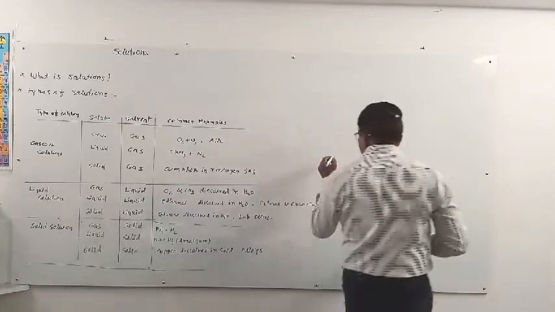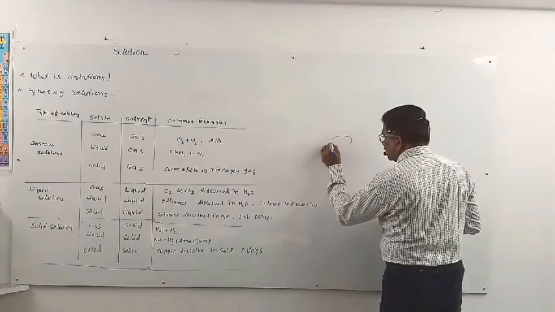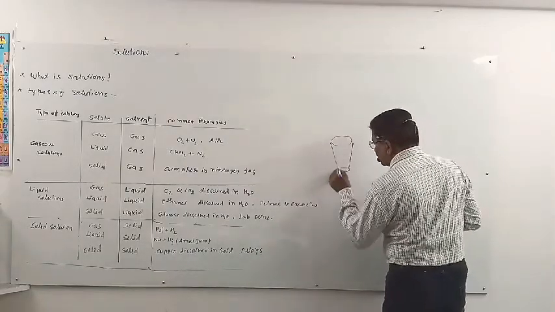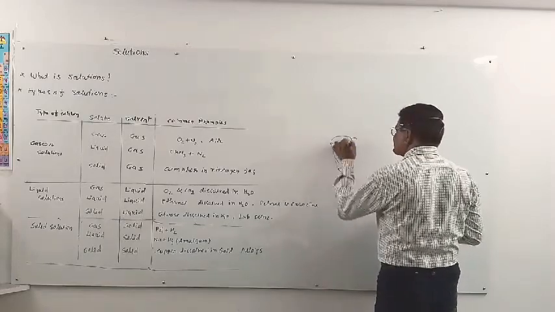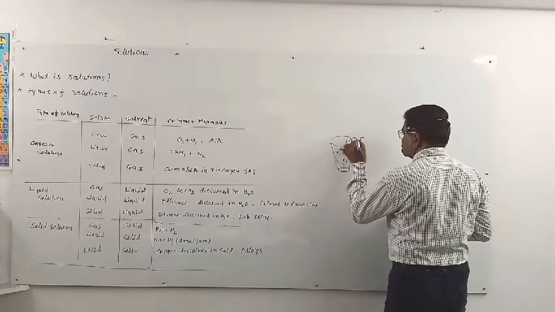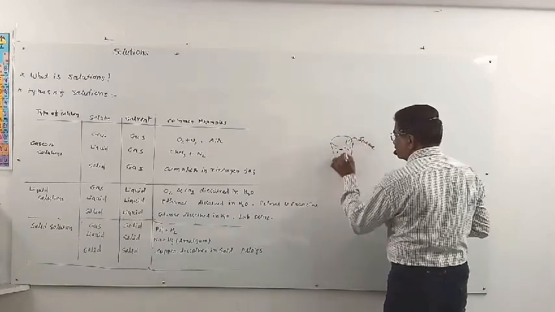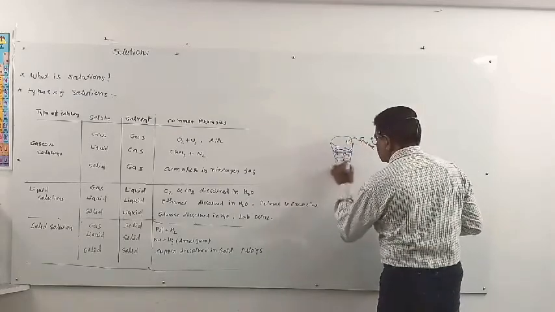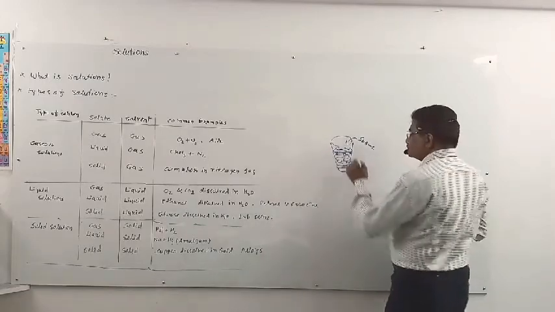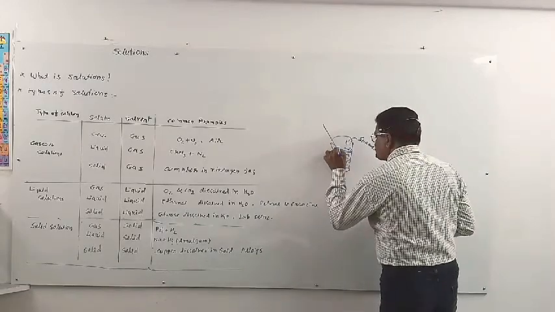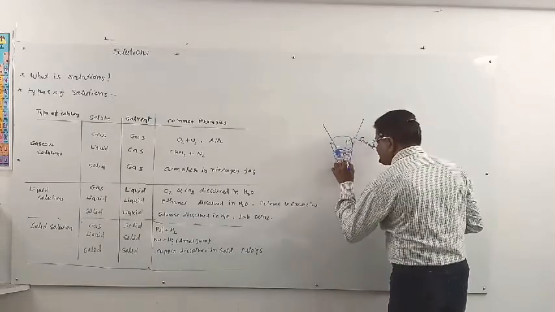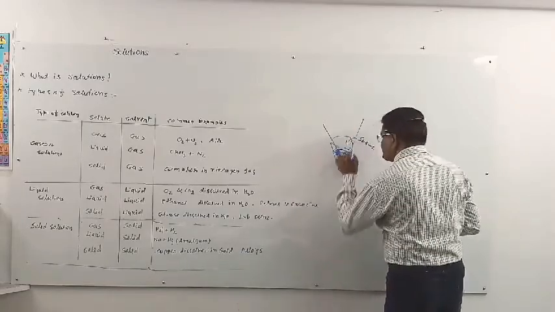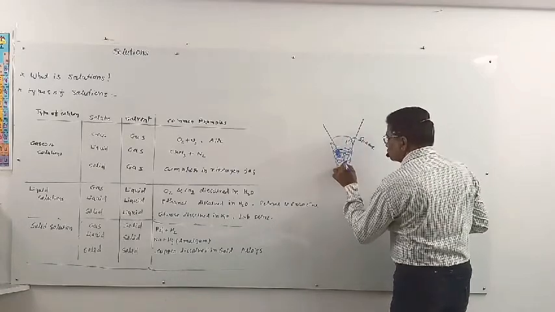Suppose you take a glass and you add water and also you add some sugar. In this you make a solution. In this solution you take a spoon from this area, or you take a solution by spoon from this area.